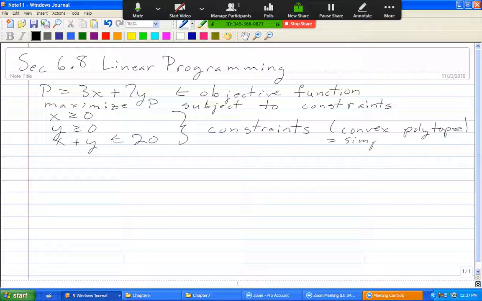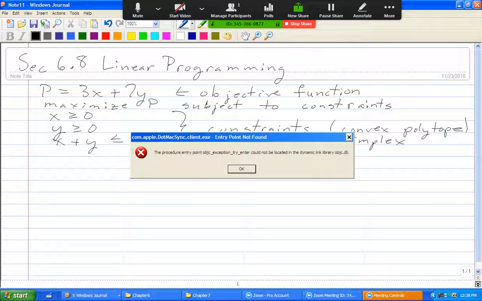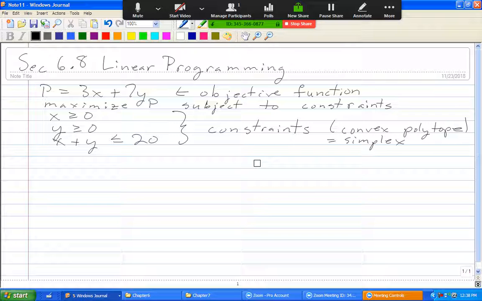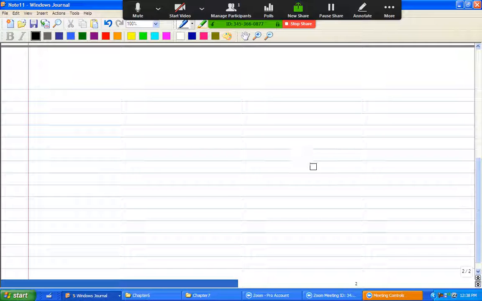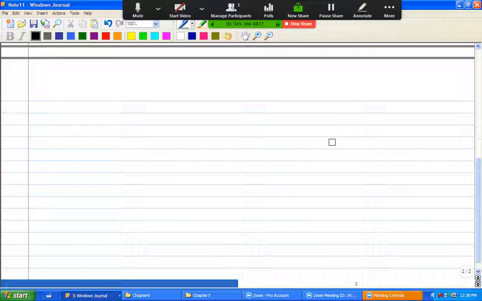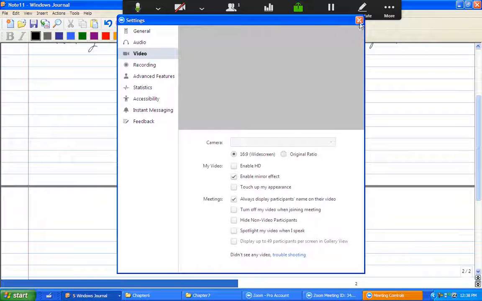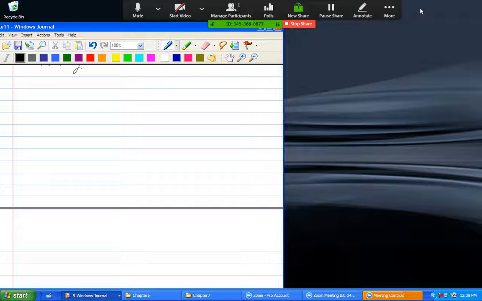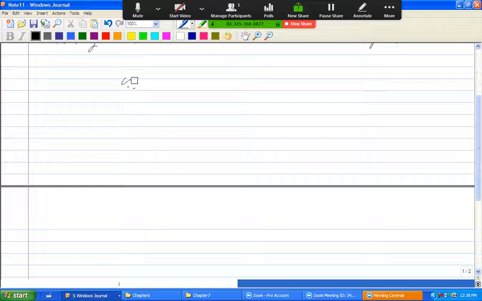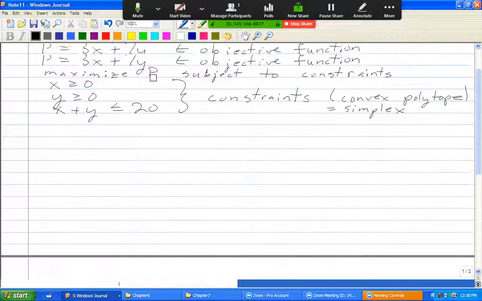It'll be a simplex. Having trouble with the controls, obviously.